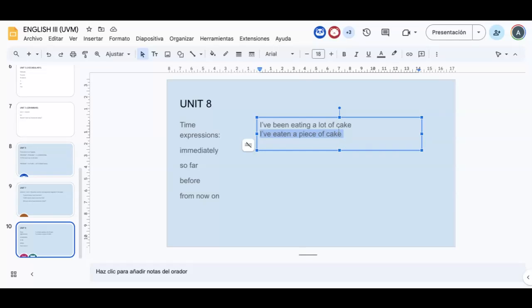When I say I've been eating a lot of cake, it is probably that the cake or some part of the cake is still on the table or wherever you have the cake. So this is an ongoing situation. It is probably that the action started in the past. I don't know, probably an hour ago I started to eat the cake.